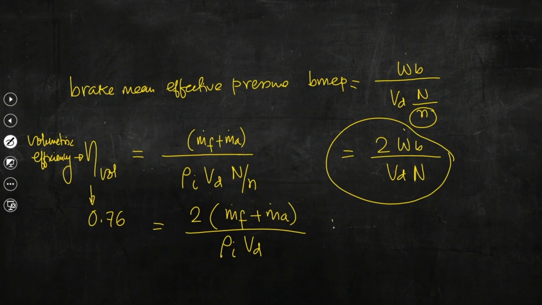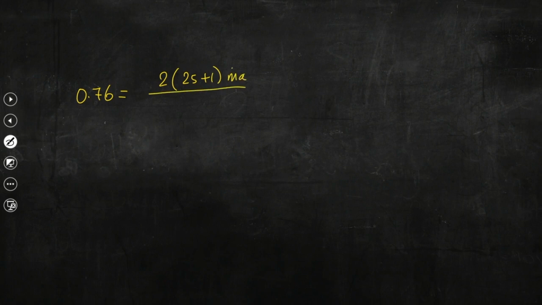We know that m dot f by m dot a equals 0.04. So, I can write m dot f in this expression in terms of m dot a. If we go to the next slide, 0.76, that is the volumetric efficiency, is nothing but 2 into 1 by 0.04, that is 25, plus 1 into m dot a. I can take out m dot a outside and divide by 1.05, that is rho I into V d into N.